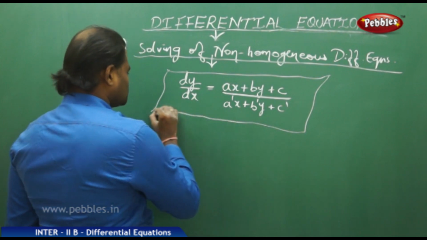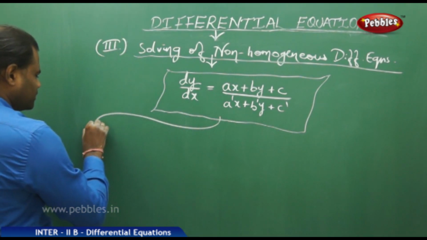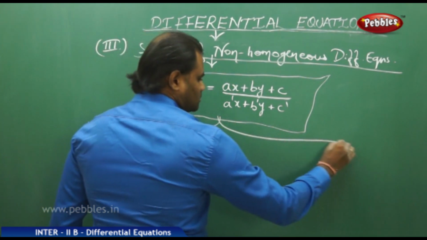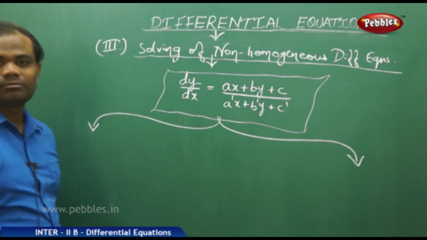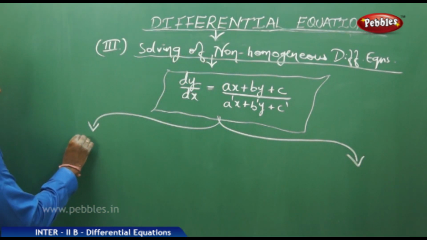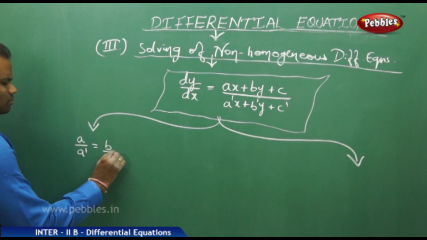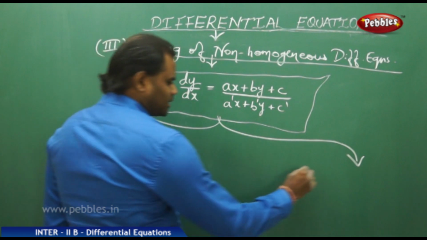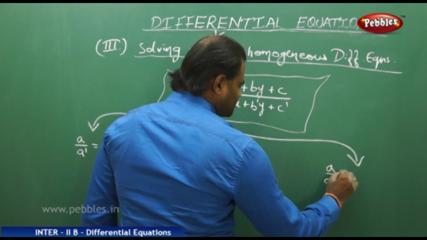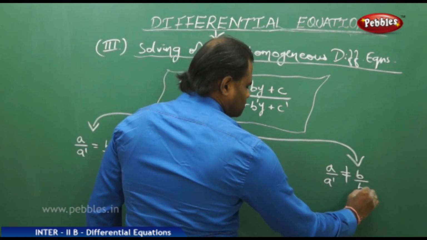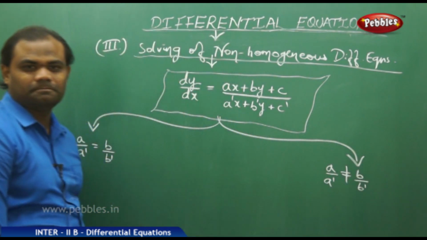So solving of this non-homogeneous differential equation has two cases of process, where the first case is if a by a dash is equal to b by b dash, and the second case is if a by a dash is not equal to b by b dash.